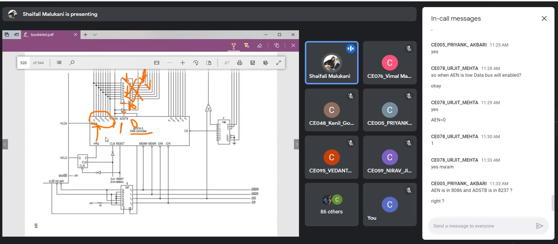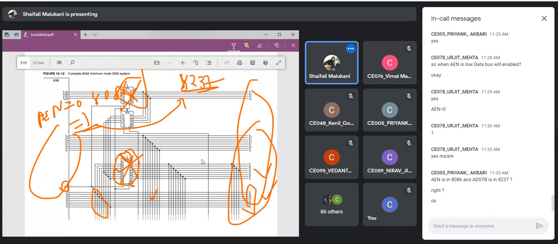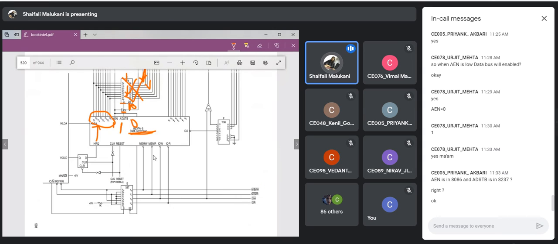So AEN will be driven by the DMA controller itself. AEN will decide whether 8086 can use these lines or not. And address stop is also in 8237 itself, like a switch.